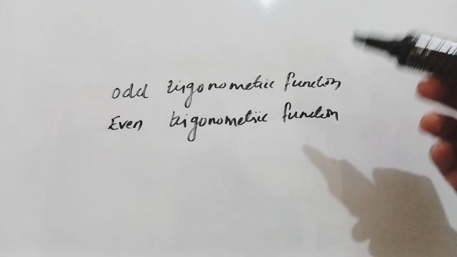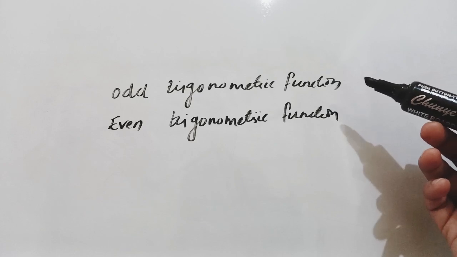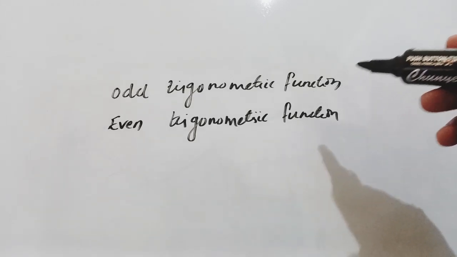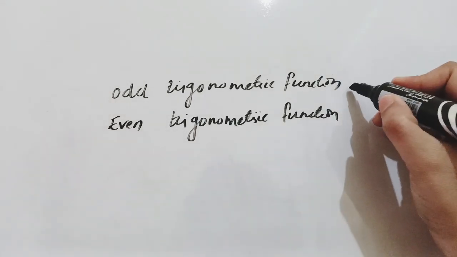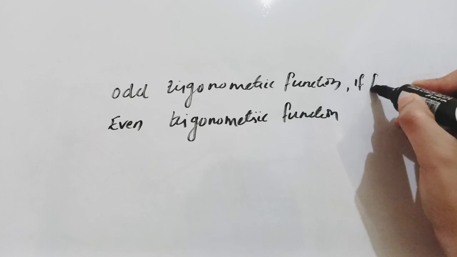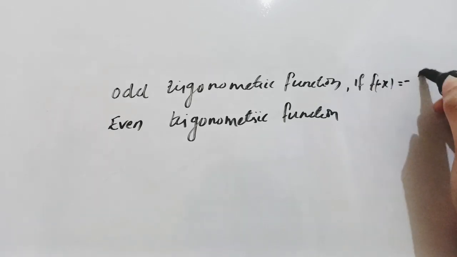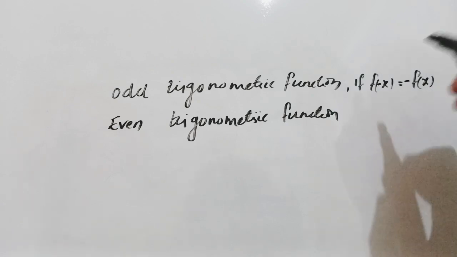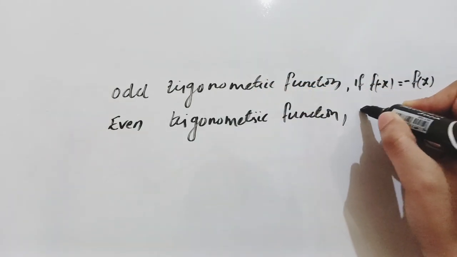Next we have two types of trigonometric functions, odd trigonometric functions and even trigonometric functions. Odd trigonometric function means if f of minus x equal to minus f of x and symmetric with respect to the origin, then this function is said to be an odd trigonometric function.